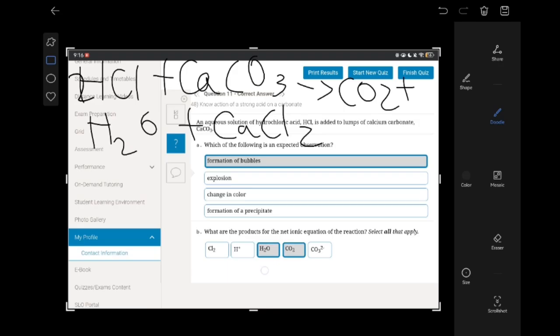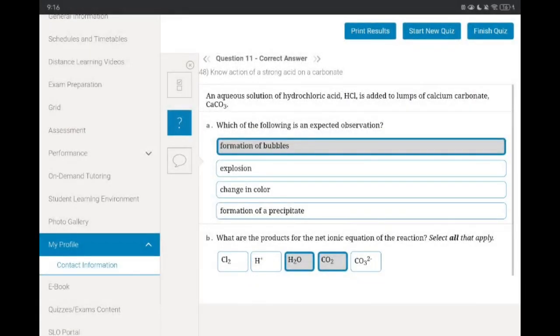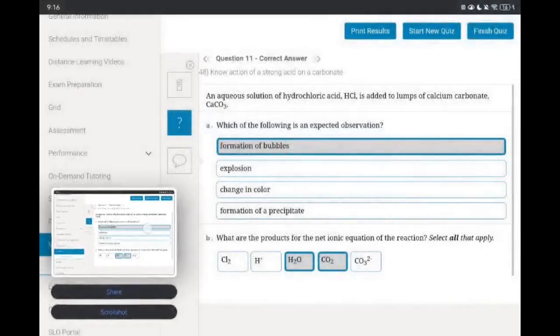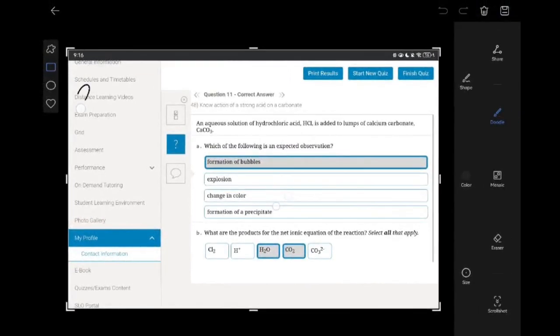Now they want something called the net ionic. How do you get the net ionic? This is where it comes from. Since some of these are salts and acids, they can be split up into ions. So we can split the 2HCl into 2H plus and 2Cl minus. Anything aqueous can be split up.